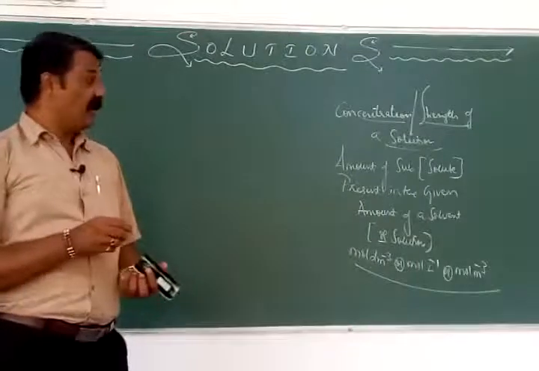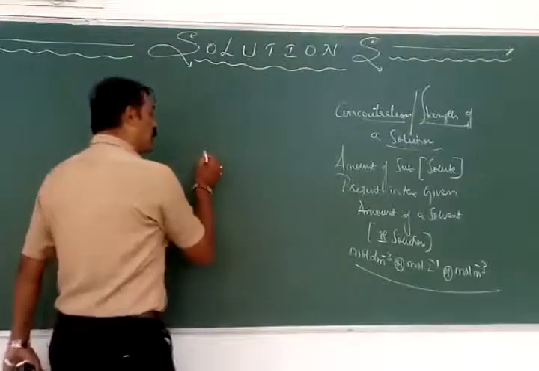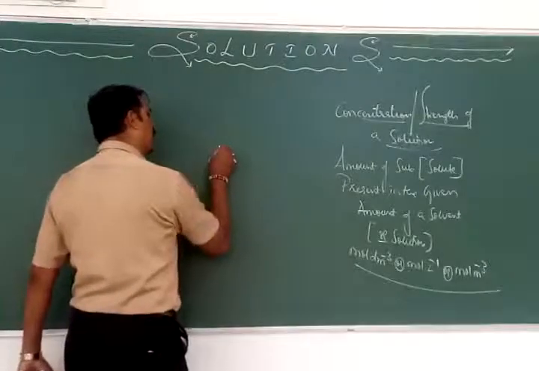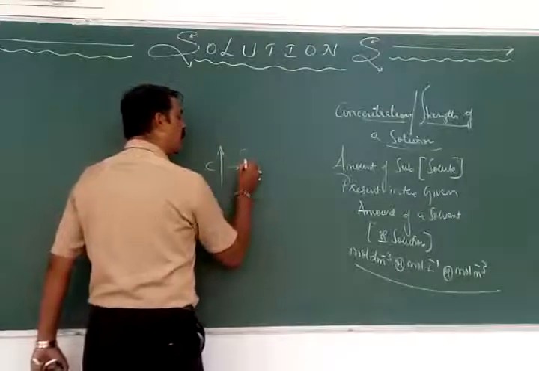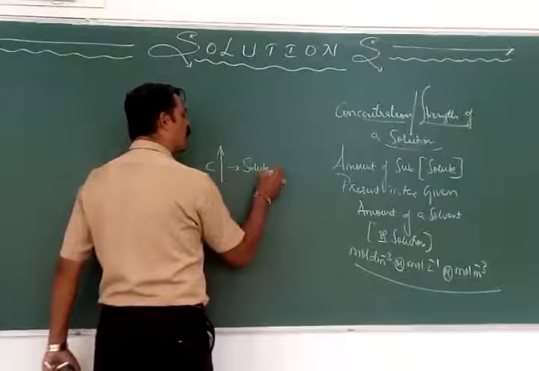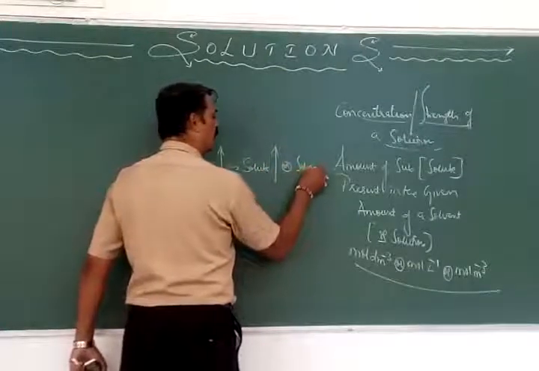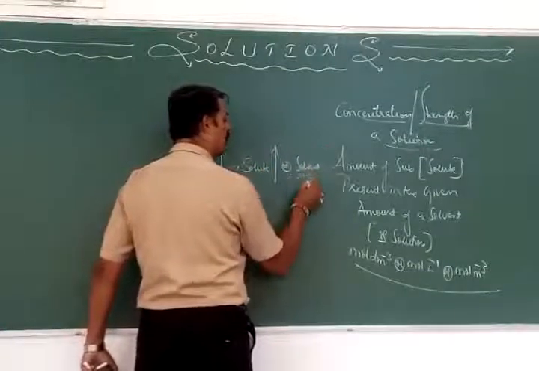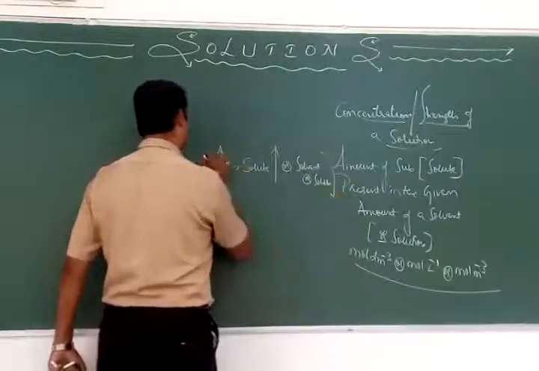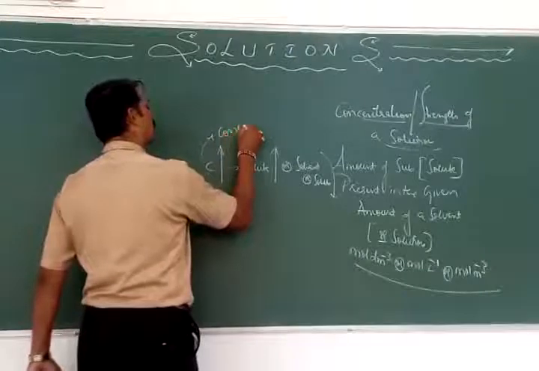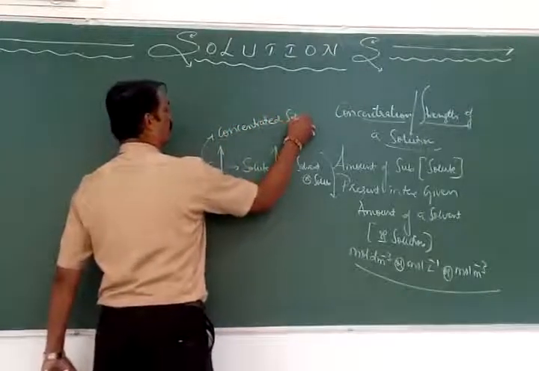But here the concentration goes on increasing if the solute amount is more and the solvent or solution amount is found to be less, and those types of solutions are called concentrated solutions.